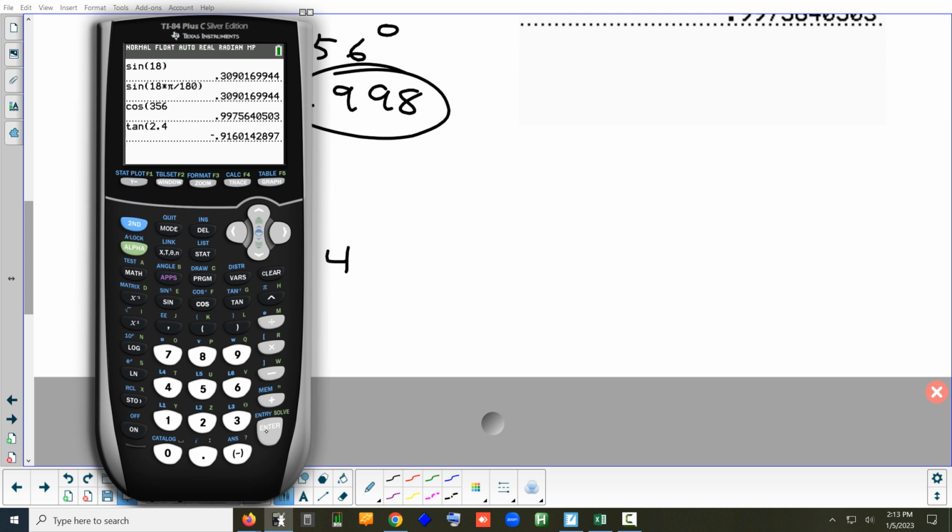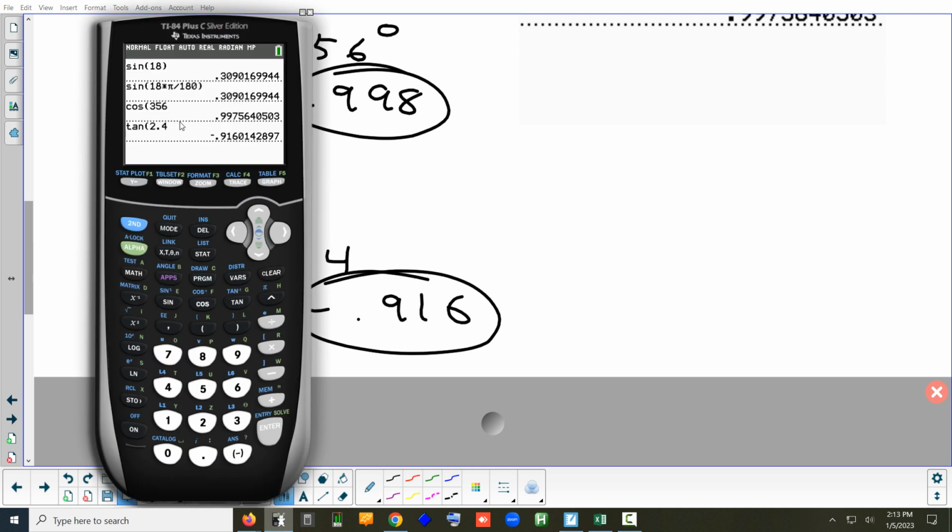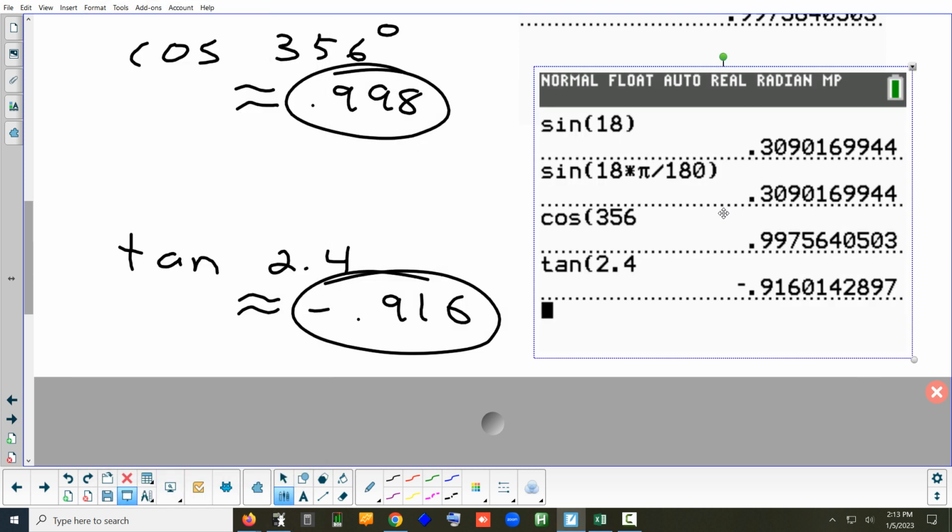So we get negative 0.916. If you did not get that, then you put something in wrong. Any question on that?